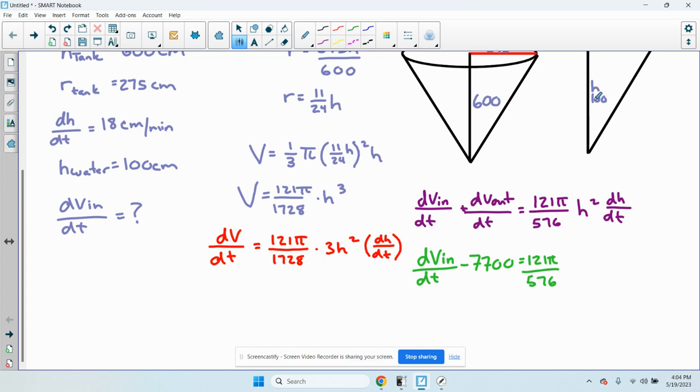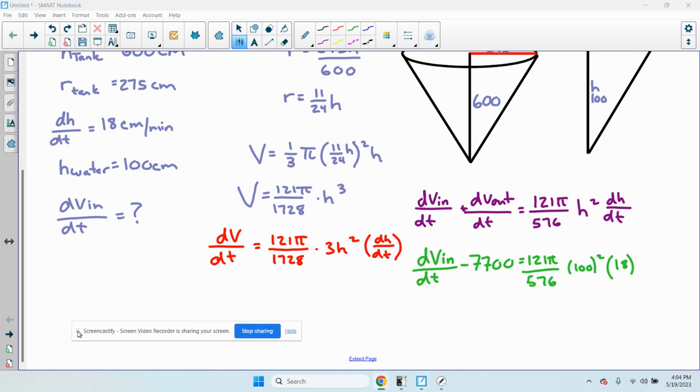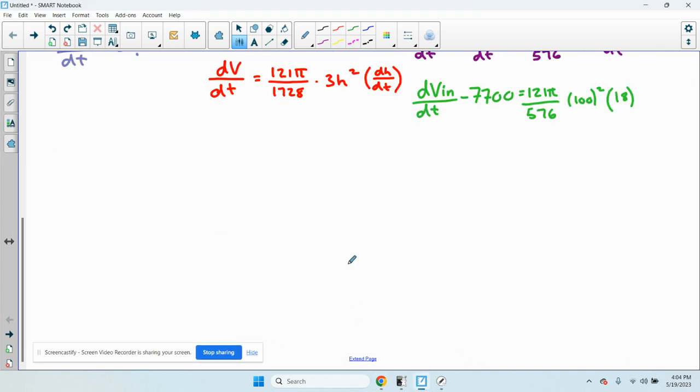H, the height, is 100 squared. dh dt, which we had, is 18. So I'm just going to put this whole ugly thing on the right into the calculator. Let me see if I can move this to get a little bit more space. Okay.